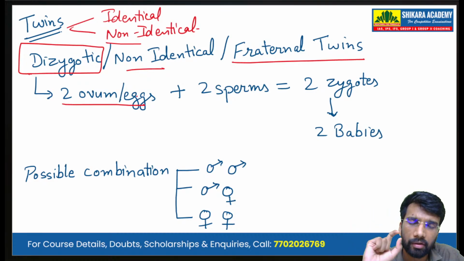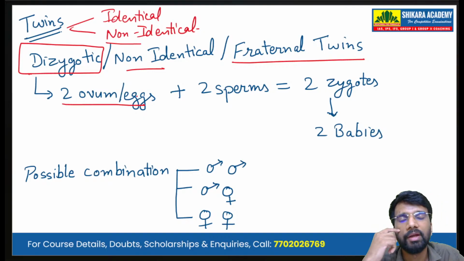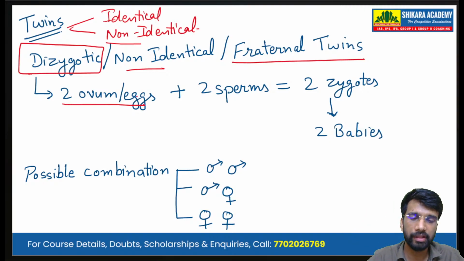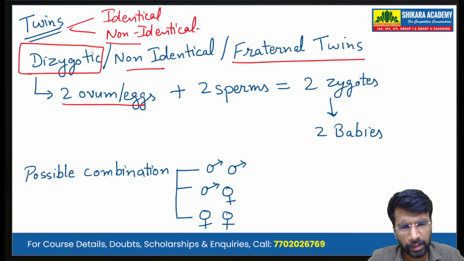Now, a normal human female typically releases a single egg, a single developed ovum, from her ovaries in one month.